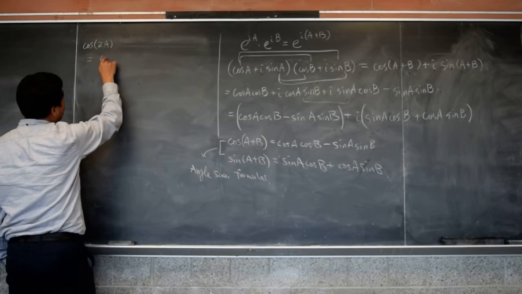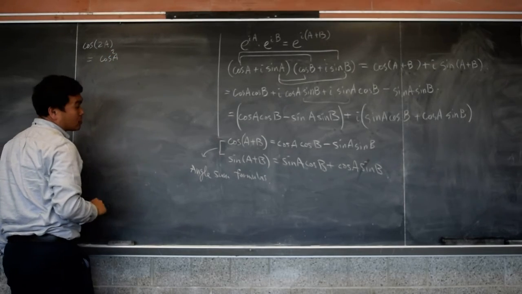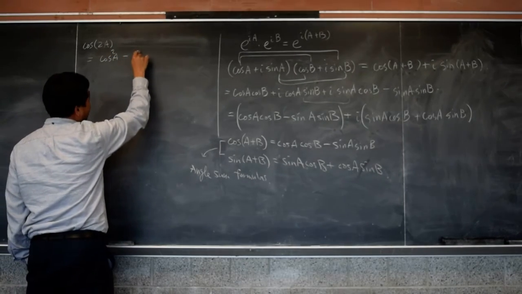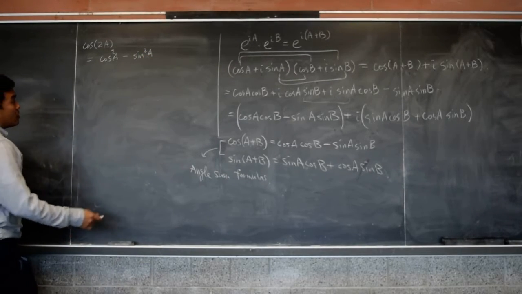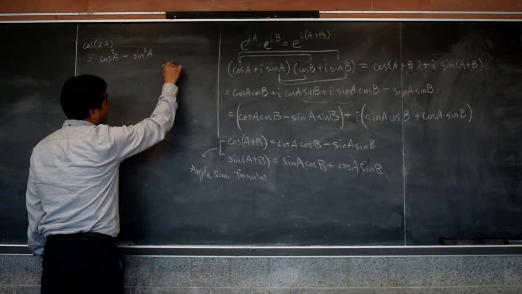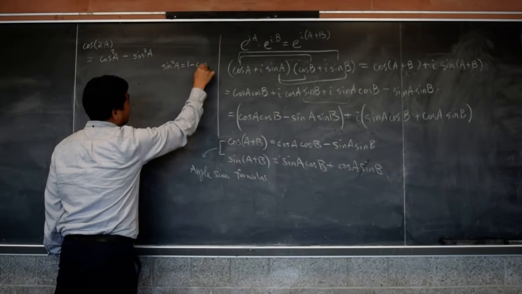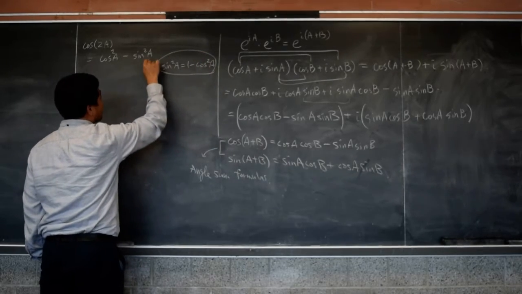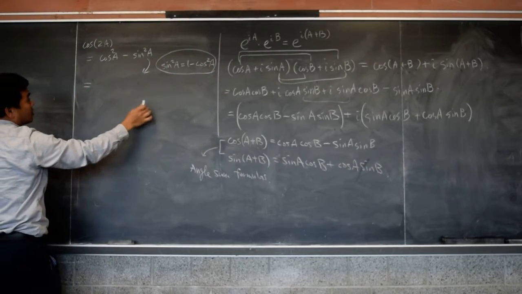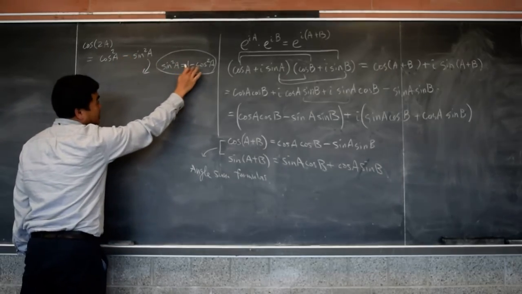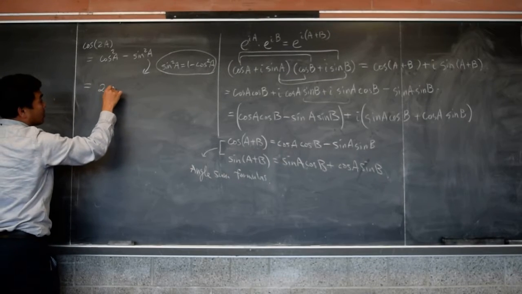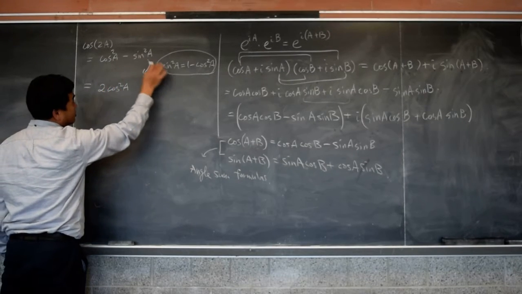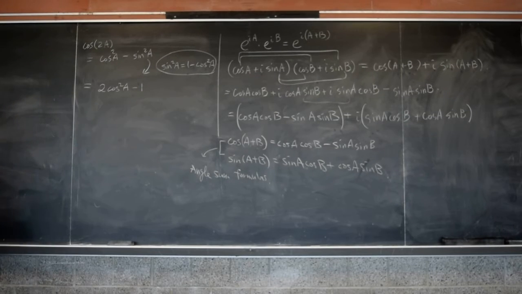And that gives you cosine A times cosine A, which is cosine squared A, minus sine A times sine A, which is sine squared A. And then using that sine squared of A is 1 minus cosine squared of A, if you replace that, negative of negative is positive, so cosine squared plus cosine squared gives you 2 cosine squared of A, and then minus 1. So that's what you get.